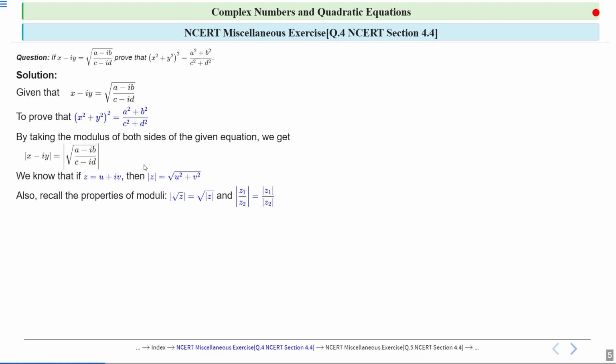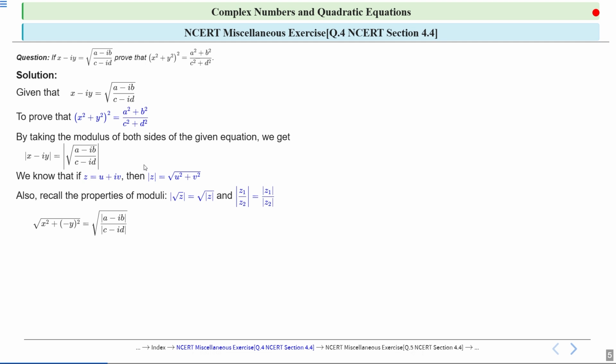The modulus of a square root is the square root of the modulus, and the modulus of a quotient is the quotient of the moduli. So modulus of square root of z equals square root of mod z, and modulus of z1 divided by z2 equals modulus of z1 divided by modulus of z2.